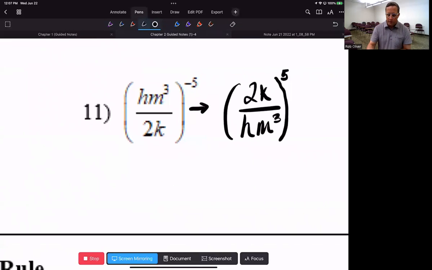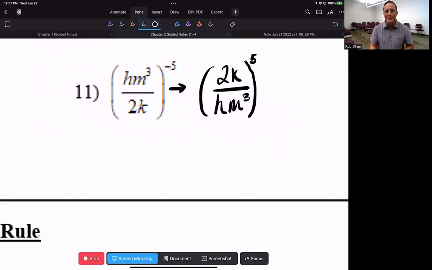Now we're going to apply that power of 5 to everything: 2 to the 5th power, k to the 5th power, h to the 5th power. And right here, we're doing a power to a power, m cubed to the 5th power.